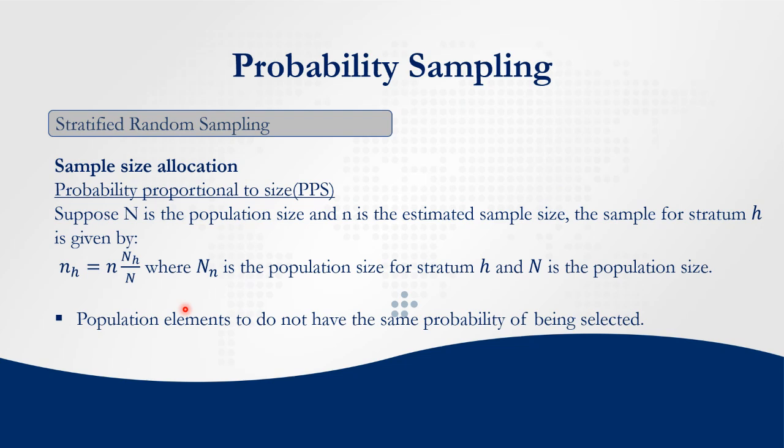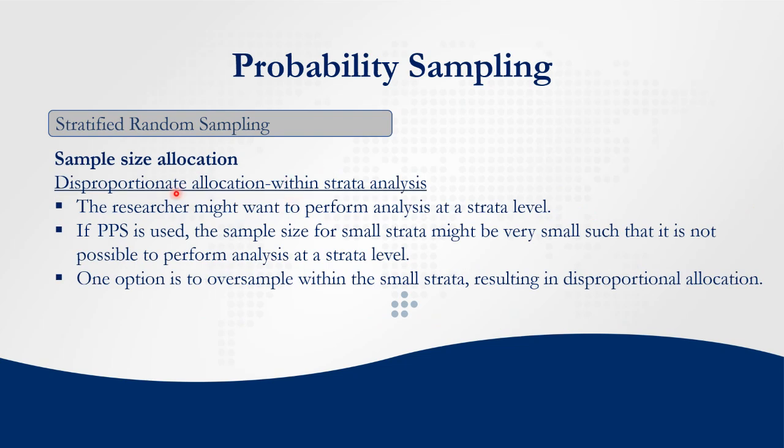That's proportional to size. Sometimes we do disproportionate allocation, meaning that I'll use the example of when they sample for a national study, like in South Africa. A province like the Northern Cape is a small province in terms of the number of persons who live there.